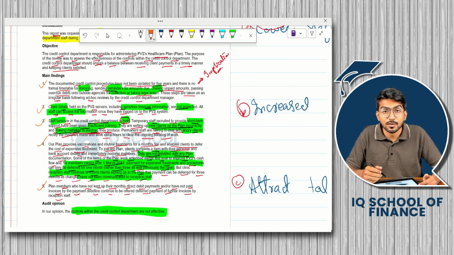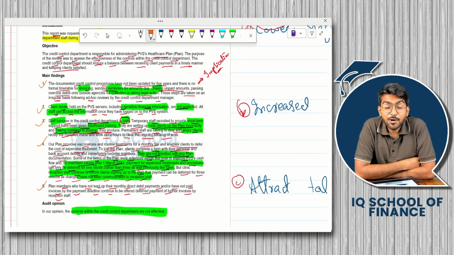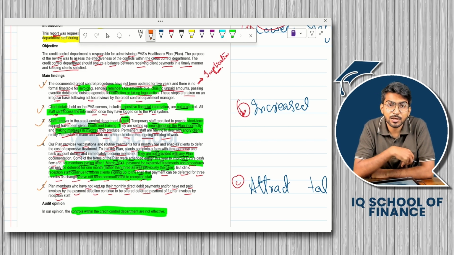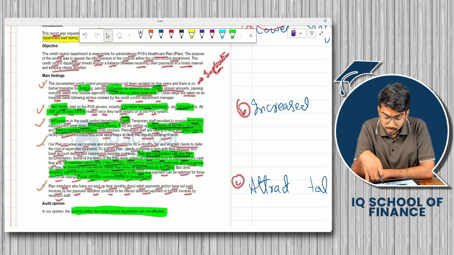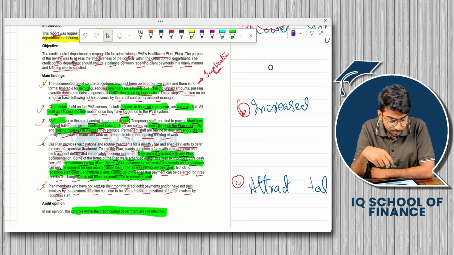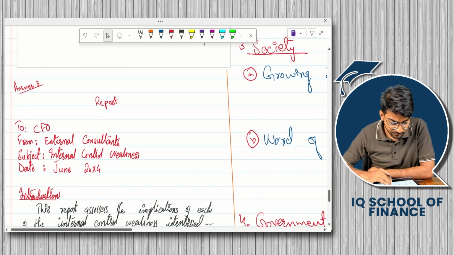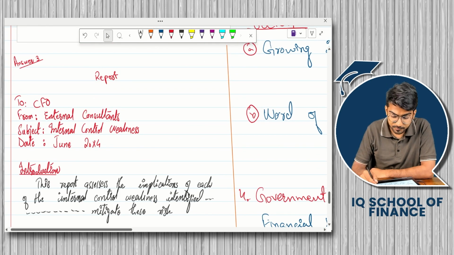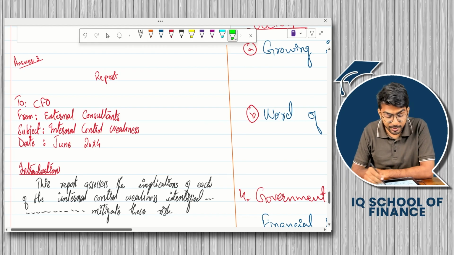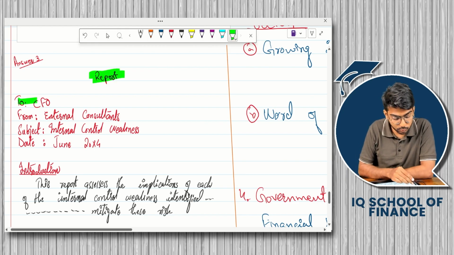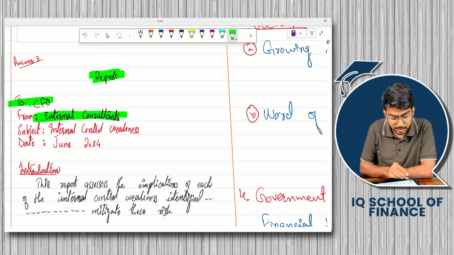So time starts now. Okay, so now I believe that you all have drafted the answer, so let's move forward and discuss what the answer should be, and if you have any significant difference, you can discuss it with me. For finding number one, I have drawn the format here for you: we are required to draft a report to the CFO from the external consultant.